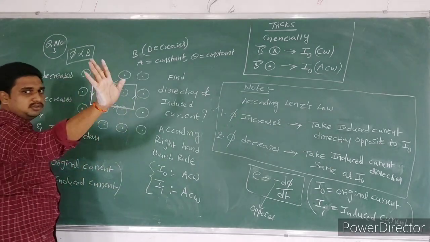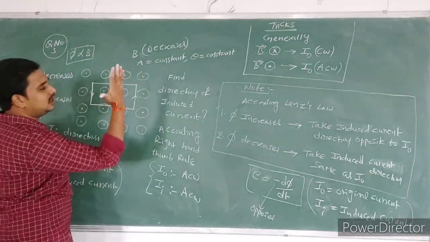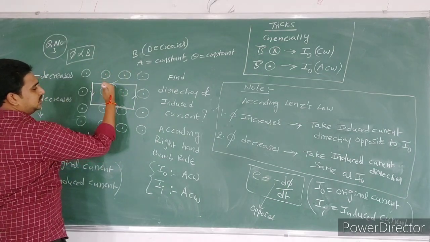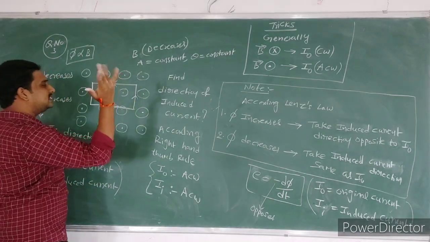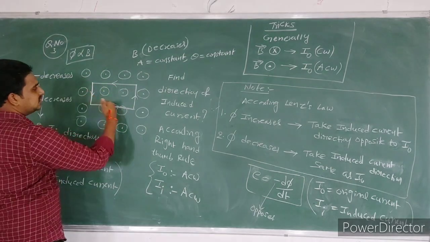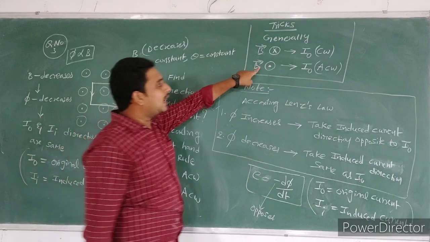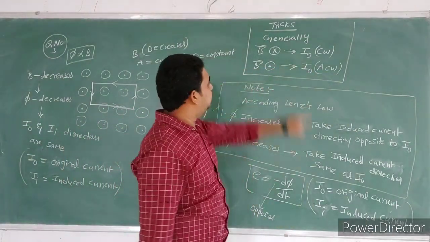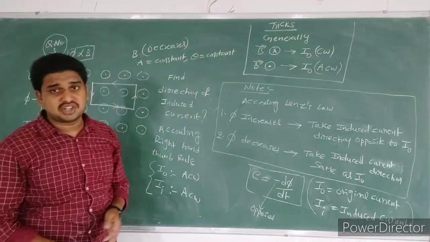Using the right hand, what is the direction of current here? Anti-clockwise. So if the magnetic field is out of the page, the electric current direction is anti-clockwise. If the magnetic field is into the page, the original electric current direction is clockwise.